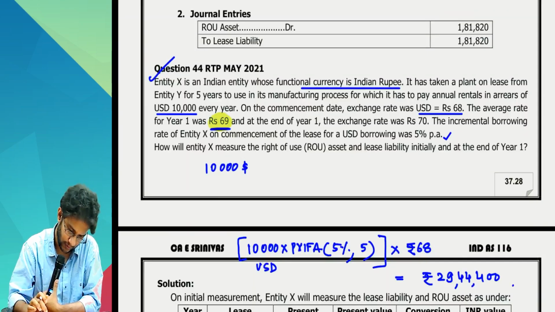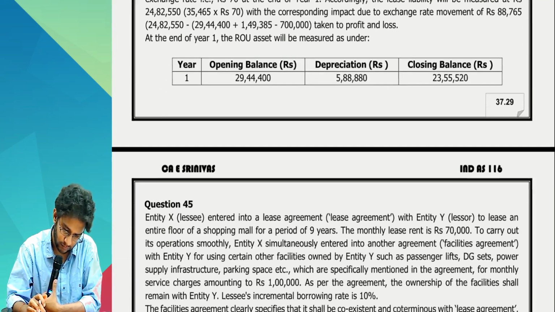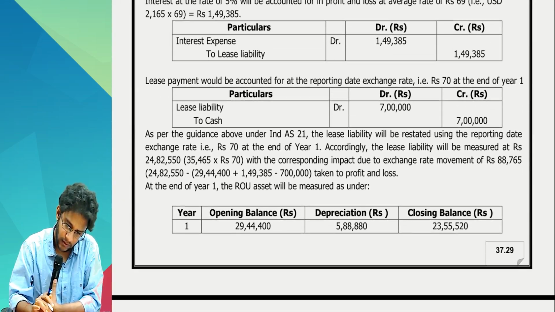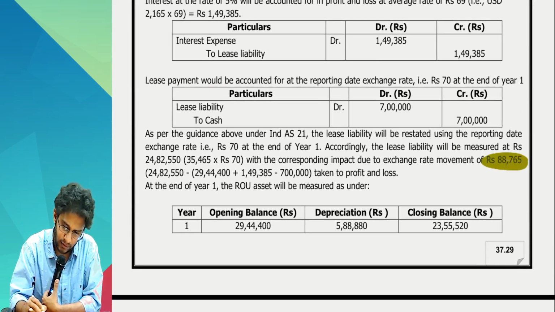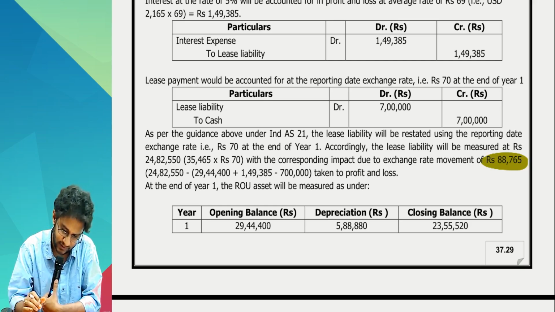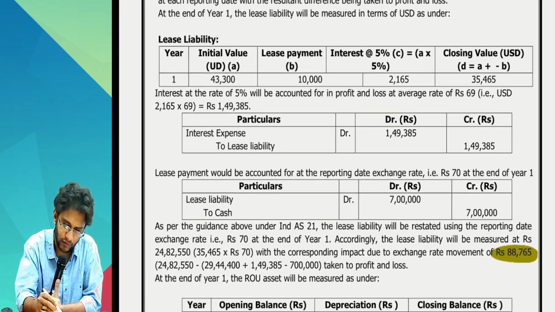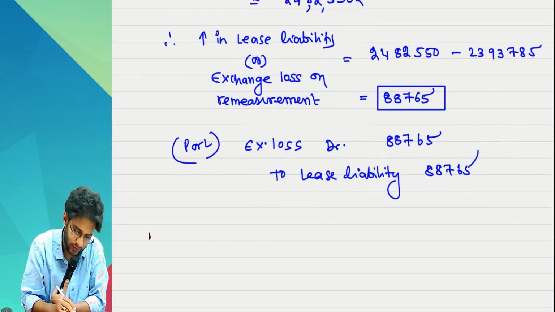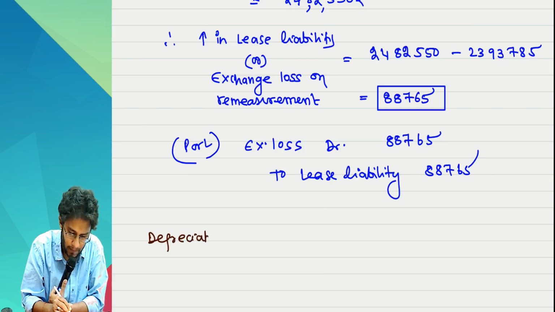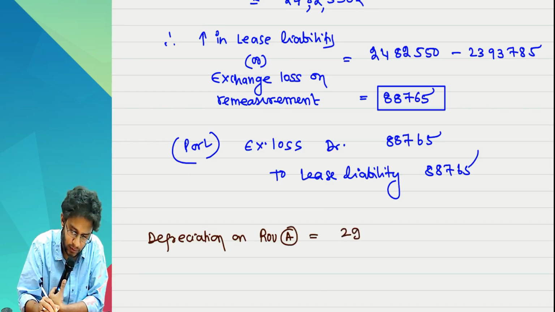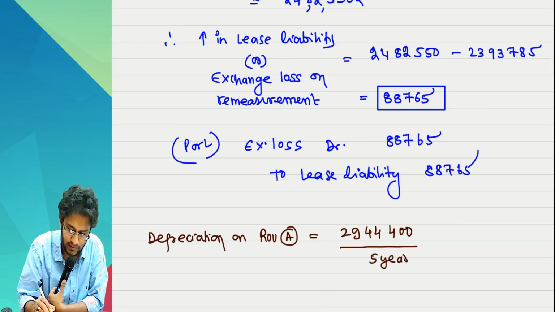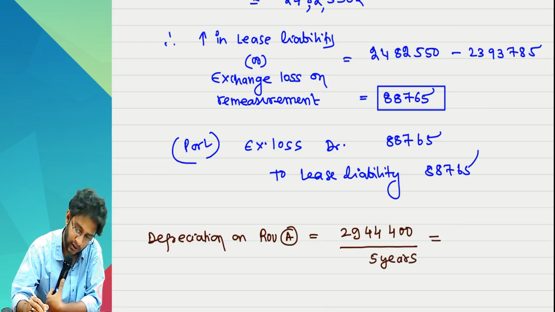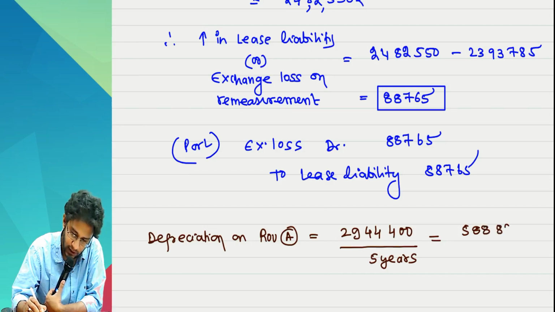I guess only that much, sir. Yes, sir. You can see here exchange loss of 88,765, and of course one more point, that is the depreciation on ROU asset, 29,44,400 rupees divided by 5 years lease we have taken, so per annum it should be 5,88,880.